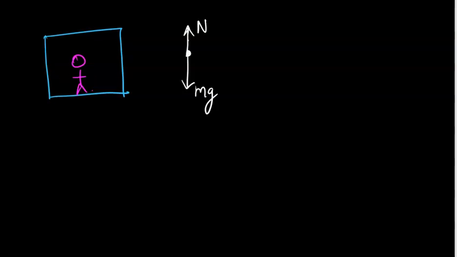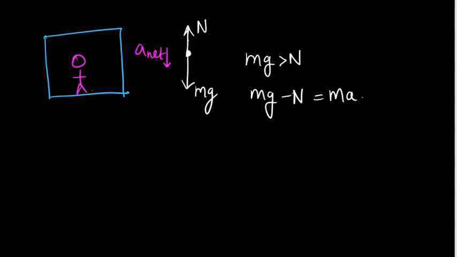Now the net acceleration is downwards, so mg is greater than N. So mg minus N is the net force, and by Newton's second law, net force is ma. So mg minus N is equal to ma. From here I get N is equal to mg minus ma.